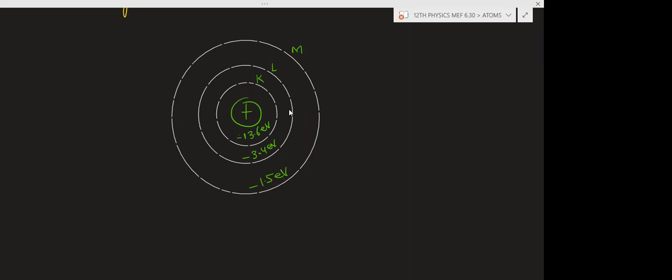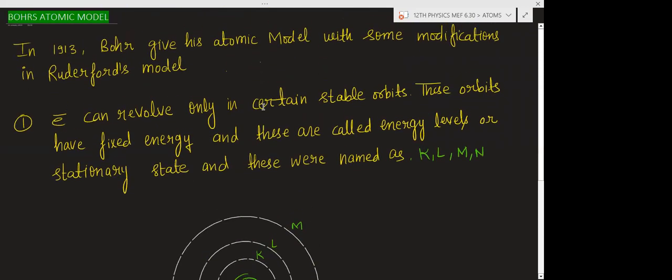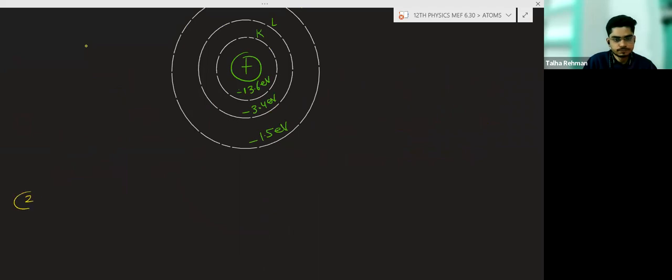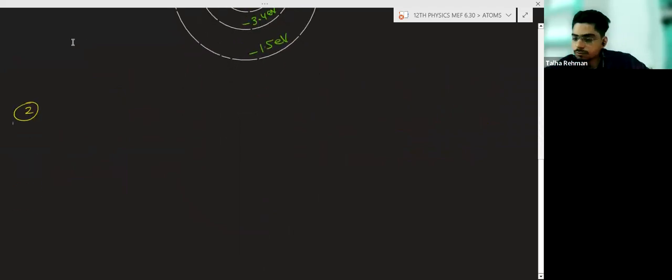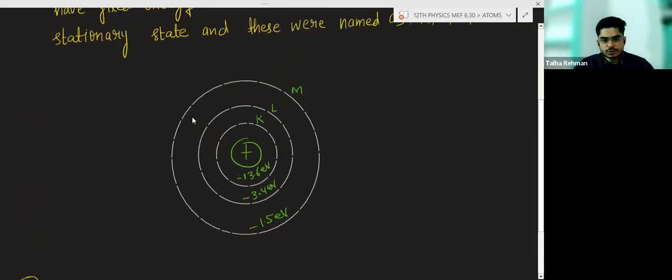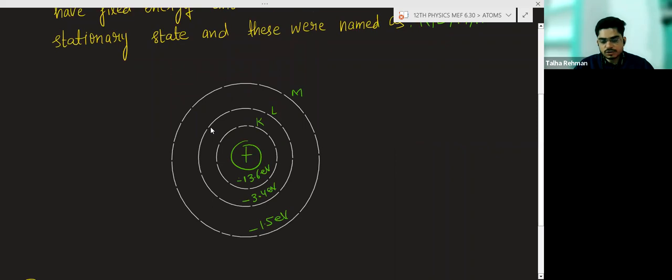So this is point number one. Point number two of Bohr's model: suppose the electron is revolving in the L orbit. Throughout the motion, the energy of the electron will be minus 3.4 electron volt.